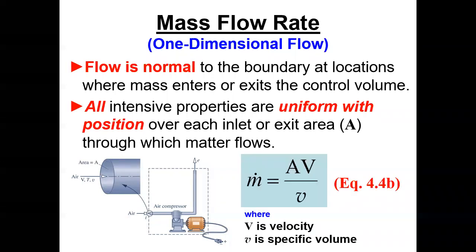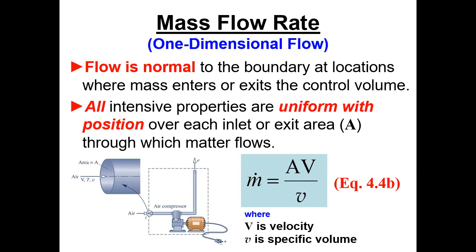And then this little expression gets used a lot. The area, capital A, is the area that you have this flow coming through. V is the normal component of velocity that's bringing the flow through the area. So if you look at units, you've got meters squared times meters per second in the AV term, and so that's meters cubed per second.